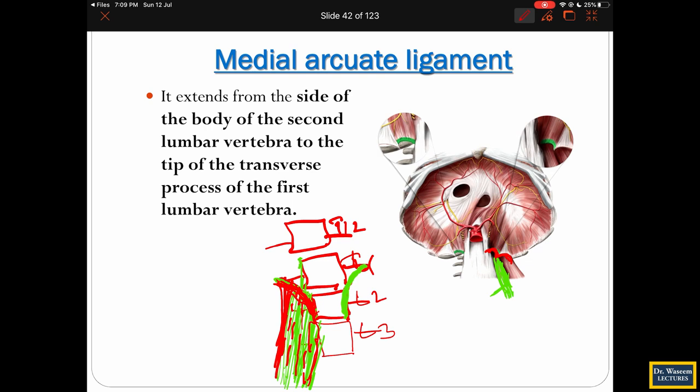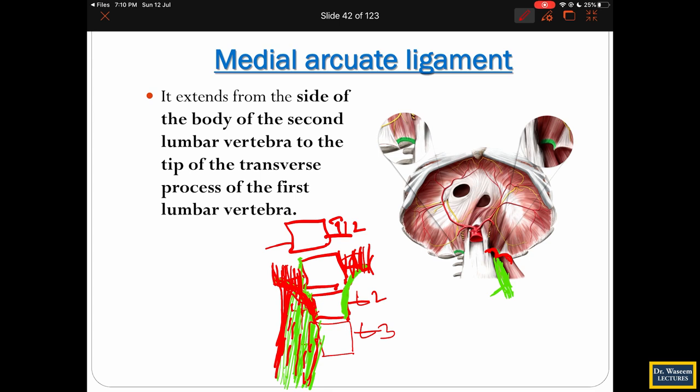Taking advantage of the medial arcuate ligament, the muscle fibers can take origin from here and from here, coming in an arch-like fashion to the middle of this dome, the middle of the umbrella, to contribute some more percentage of the back side of the lumbar part of the diaphragm muscle.